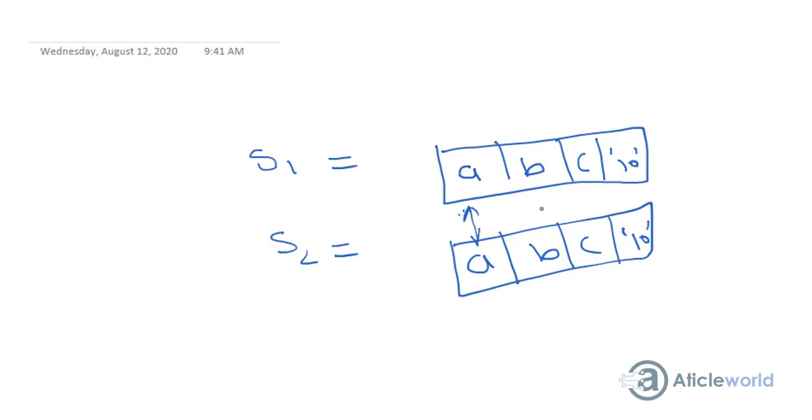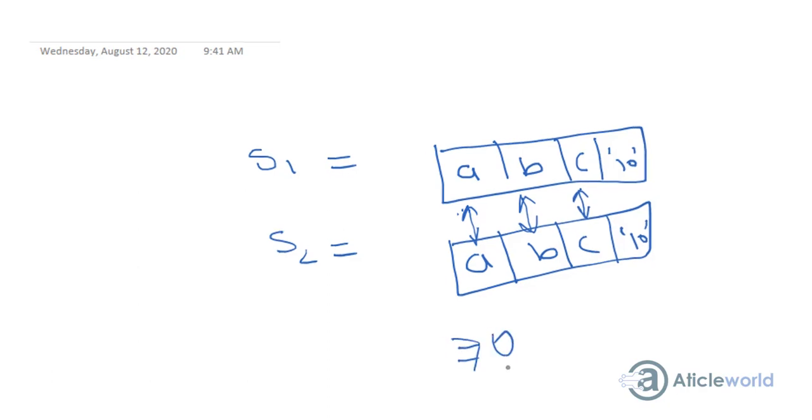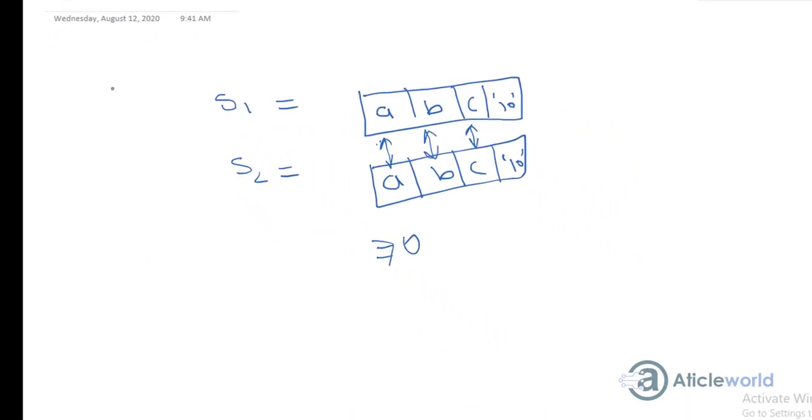Then it moves to the next index and again finds them equal, then moves to the next index and again finds them equal. Then the string compare function finds that s1 and s2 are equal and returns 0. So this is our first example.